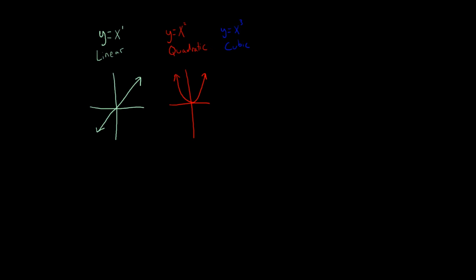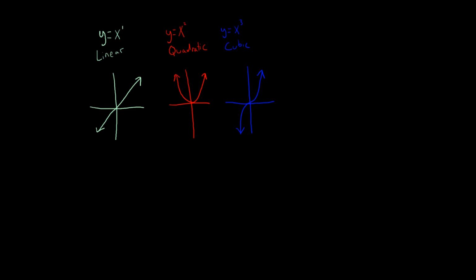You probably touched very briefly on it in grade 11 functions, and it looks approximately like that. It has similar properties to the quadratic function in the first quadrant, but it's flipped upside down on the other half of the y-axis.